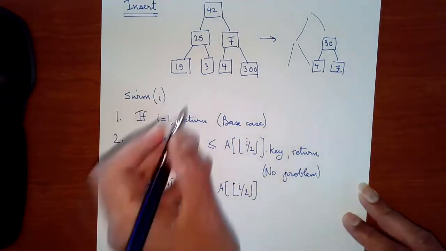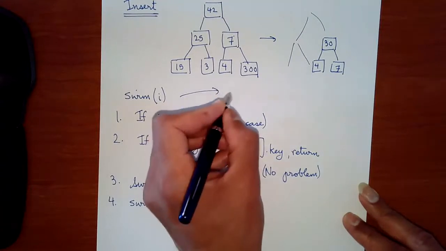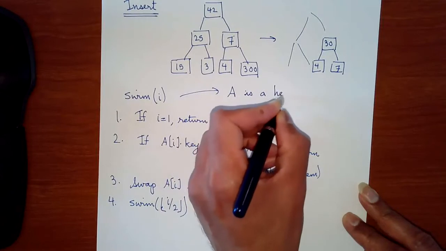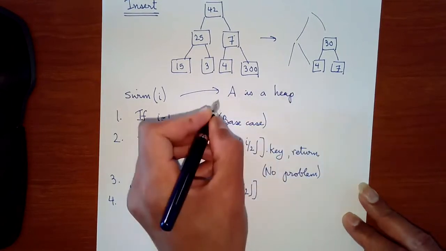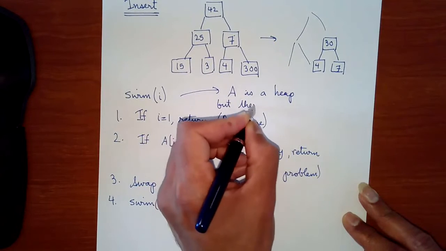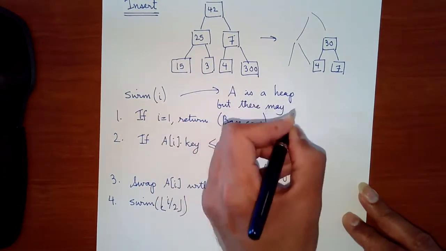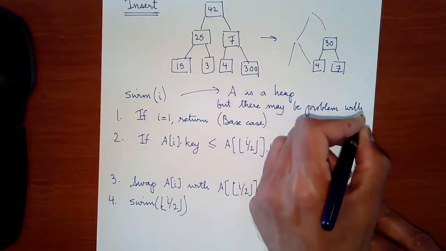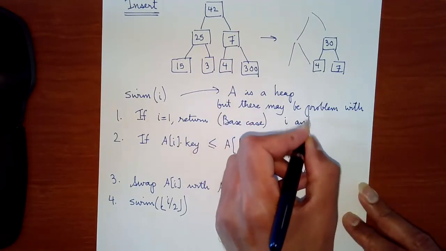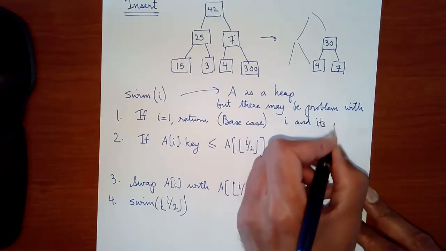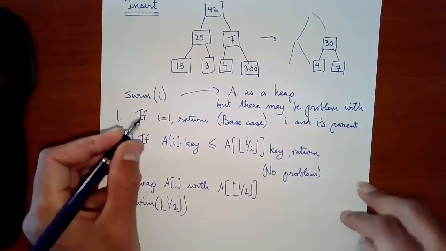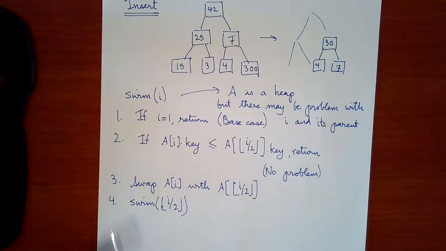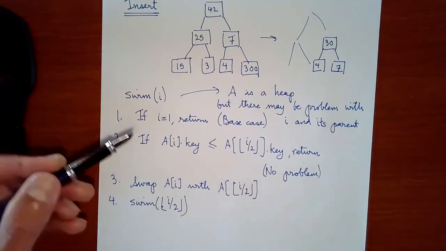One way of thinking about swim is that A is a heap, but there may be a problem with i and its parent. In the previous one, in Heapify, there may be a problem with i and its children. Here you're assuming that there's a problem with i and its parent.